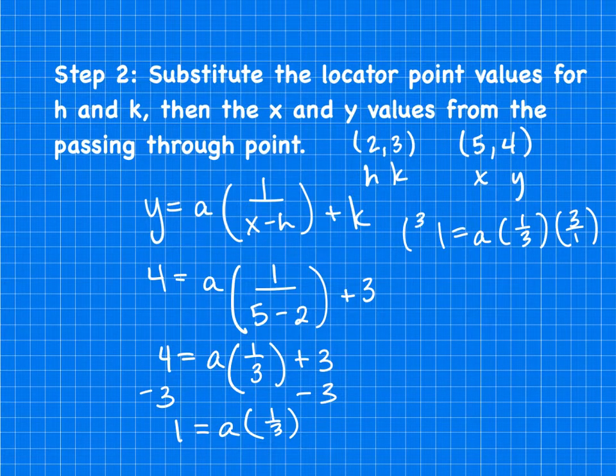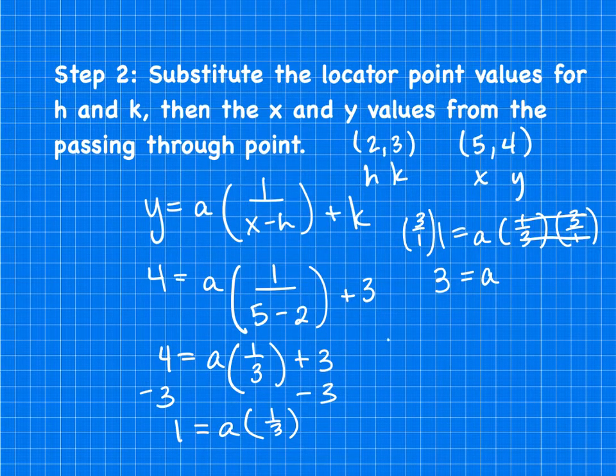The reason that works is that 1 times 3 is 3, 3 times 1 is 3, 3 over 3 is 1. So that whole thing gives you a times 1, which is what you want. So a equals 3, because 3 over 1 times 1 is just 3.